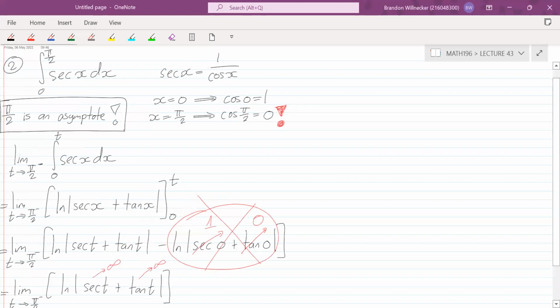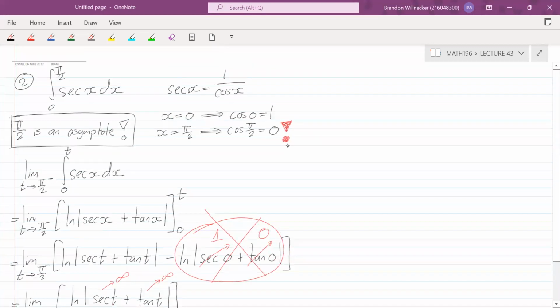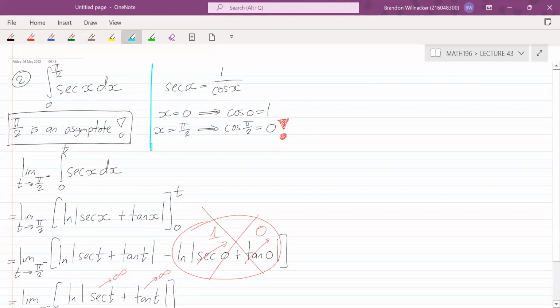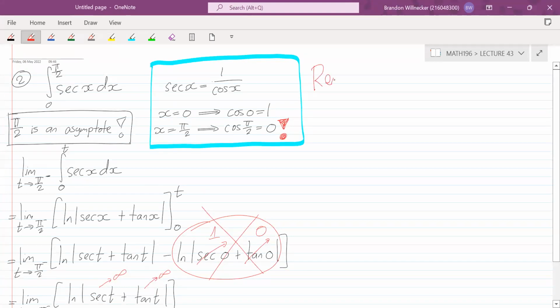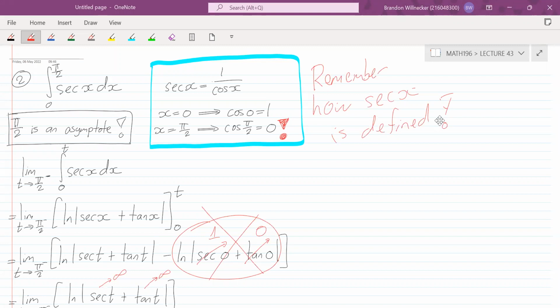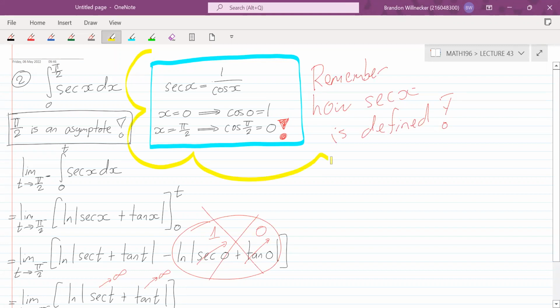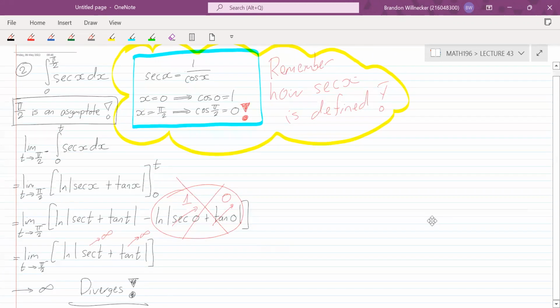Oh, I'm not changing the bounds. That's just how sec is defined. This was just a little side note, just a reminder of how sec is defined. It's not part of the calculation. So this whole part here is separate.